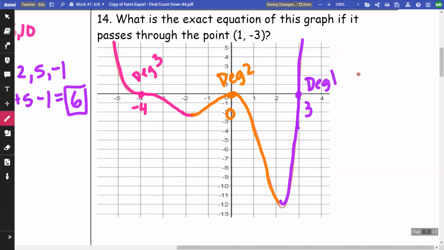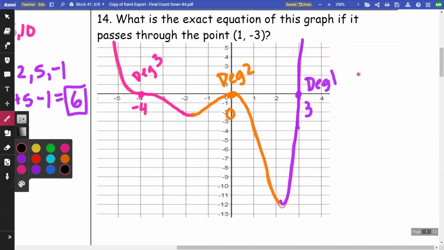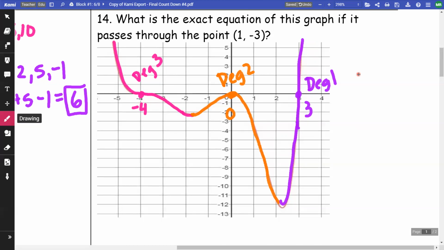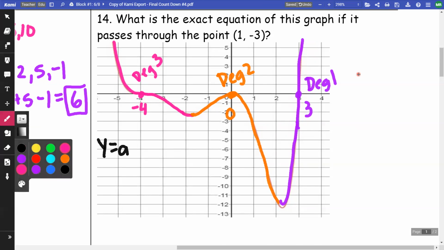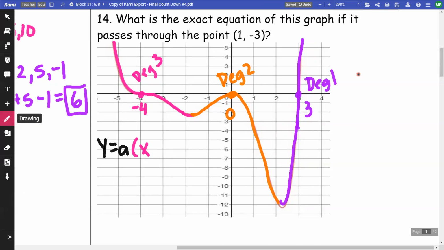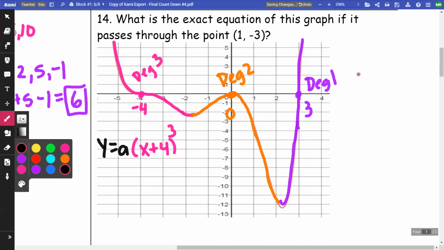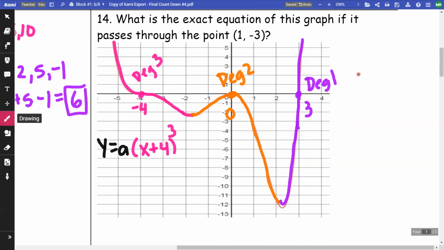Okay. So in terms of my factors, I'm going to have y equal a. And then for my pink, that's going to be x plus 4 cubed. From my orange, the 0 would come from an x, but it's going to be squared because it's a double root, so x squared. And then the 3 comes from an x minus 3, and that's just a single.